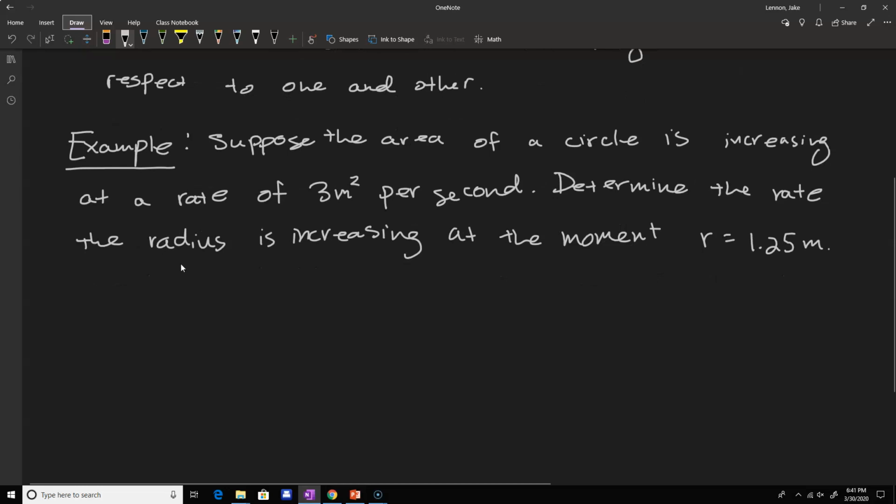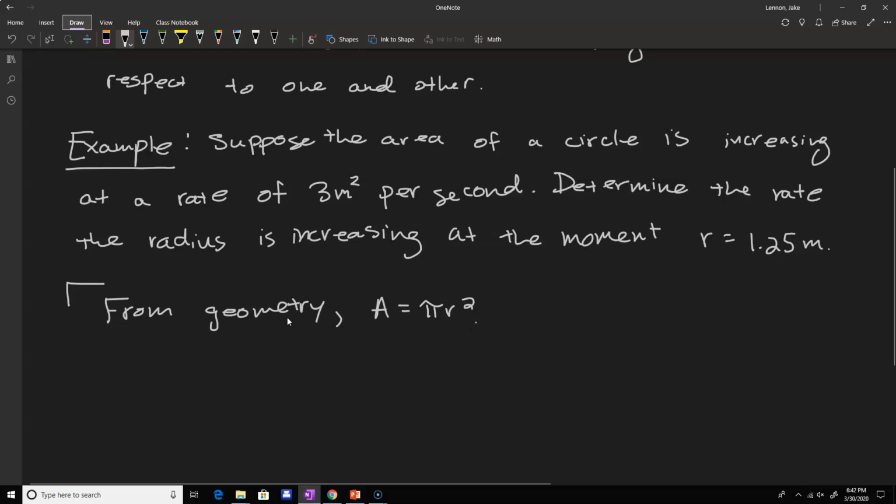So basically this is going to involve our area formula from geometry for the area of a circle. So from geometry, we know the area is equal to pi r squared.